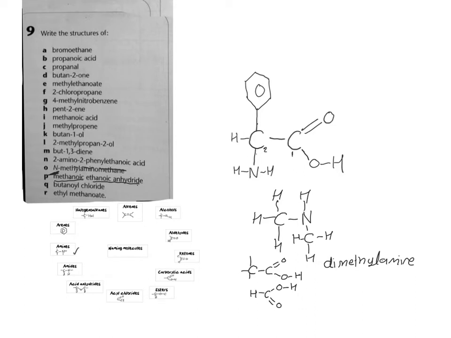Anhydride suggests water's been removed, so if we take a molecule of water away, then methanoic ethanoic anhydride would simply have the structure C double bond O from your ethanoic acid, and from your methanoic acid C double bond O H.